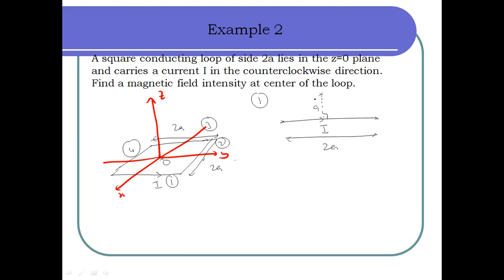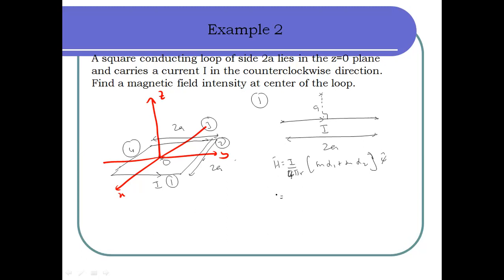Basically, the H field contributed by this filament of length 2A shall be given by H equals I over 4 pi R, times sine of alpha 1 plus sine of alpha 2, in the direction of phi.